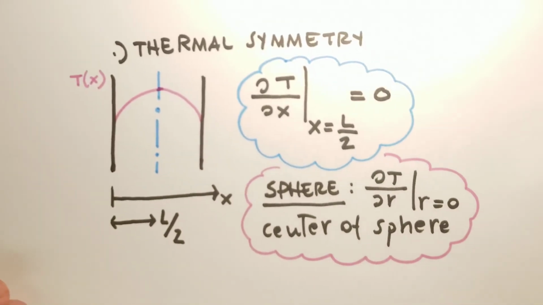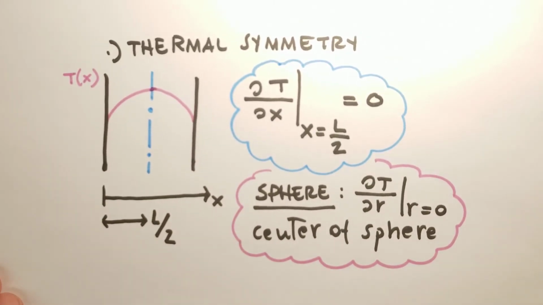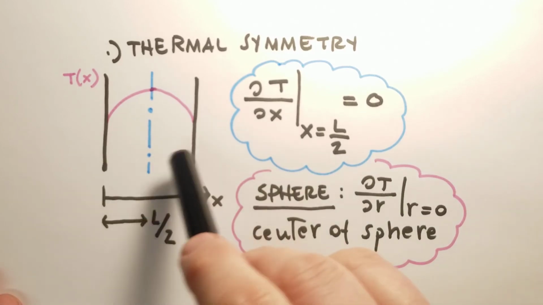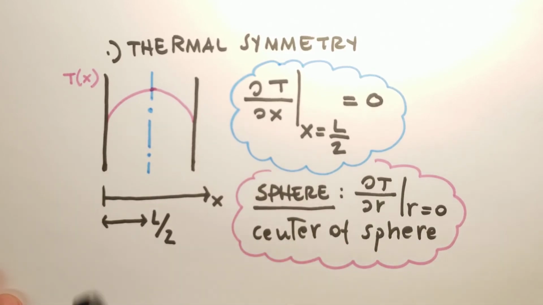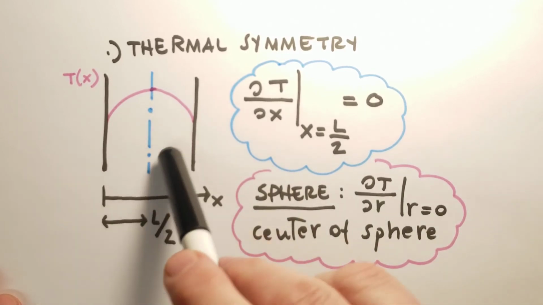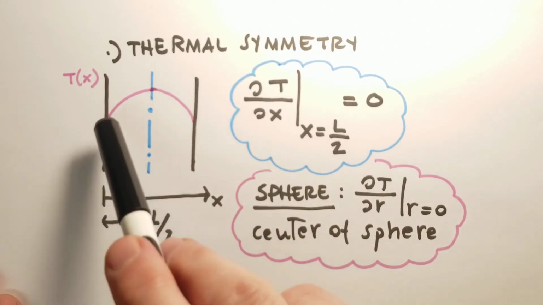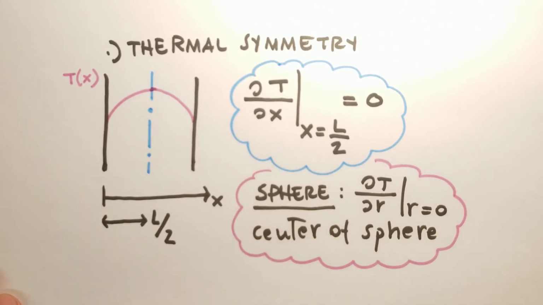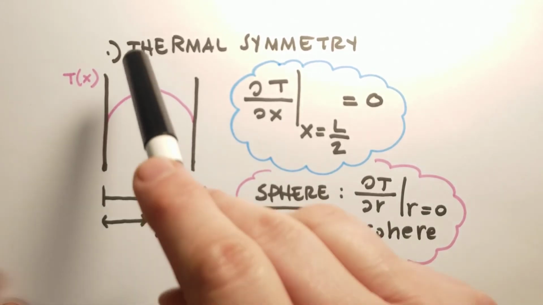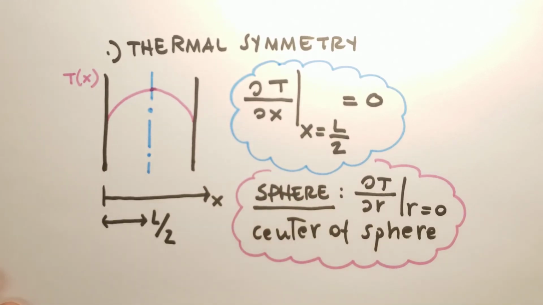We can have another case where we have instead a thermal symmetry. In the case of thermal symmetry, for example, here we have a wall and maybe we have some heat generation inside. The temperatures at the two sides of the wall are kept at equal value. So this line here that I've drawn in blue is a line of symmetry for the thermal problem.